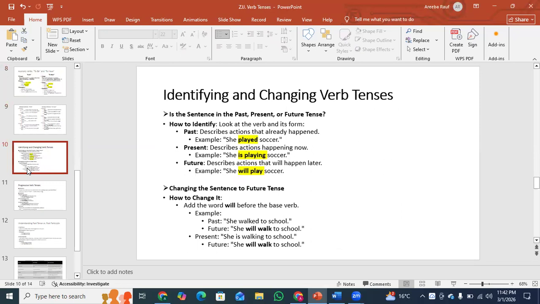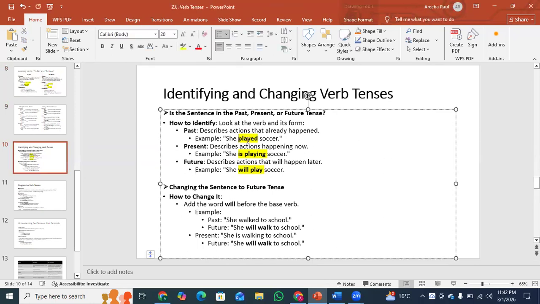Identifying and changing verb tenses. How to identify? Look at the verb and its form. For example, we have the verb in sentences like "She played soccer." In this sentence the verb is play.